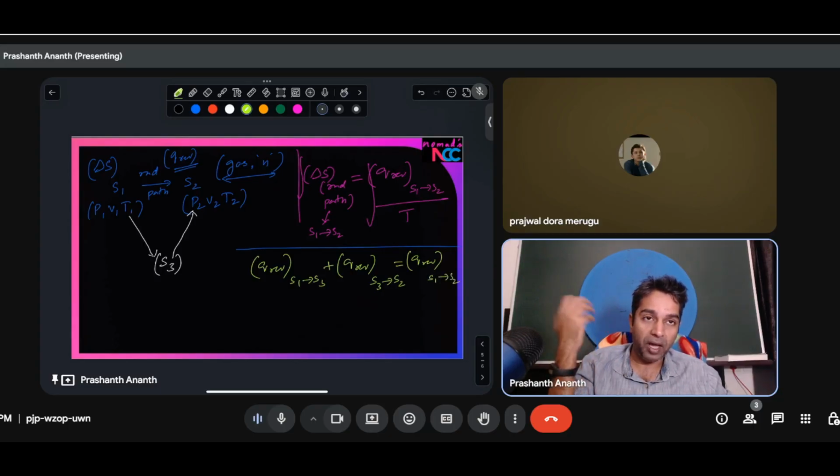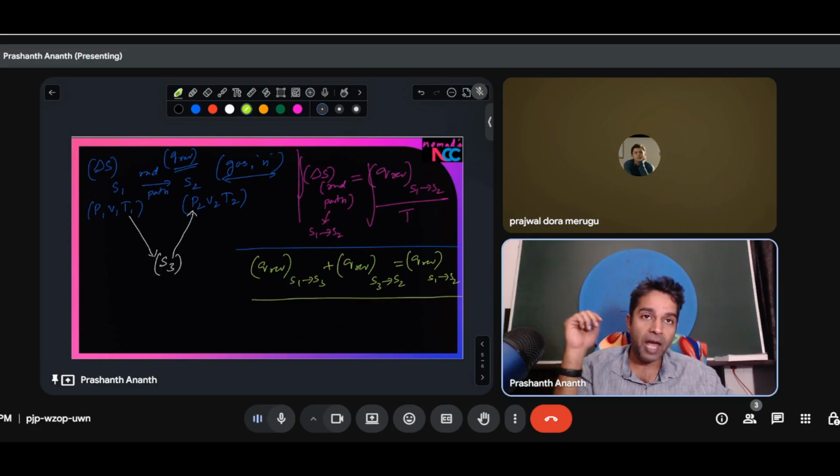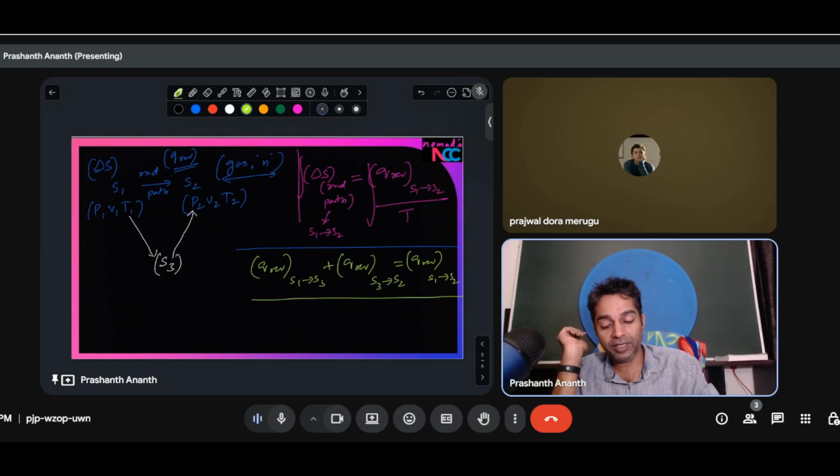This is what a state function basically means. So if Q reversible does work like a state function, automatically we are going to have this mathematical aspect applicable over there. So we will simply be applying the mathematical aspect here and proceeding on.